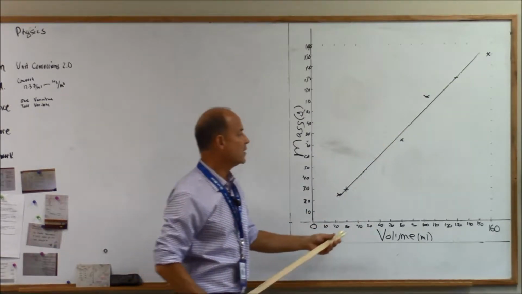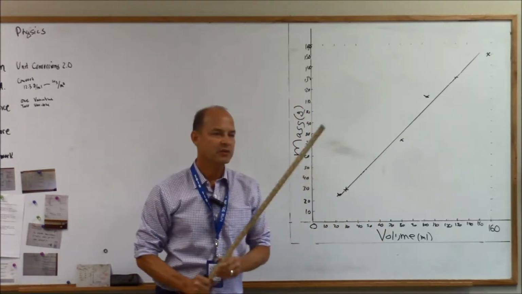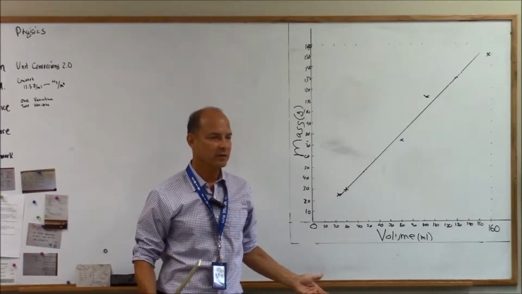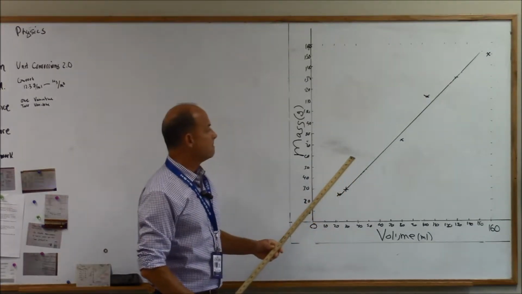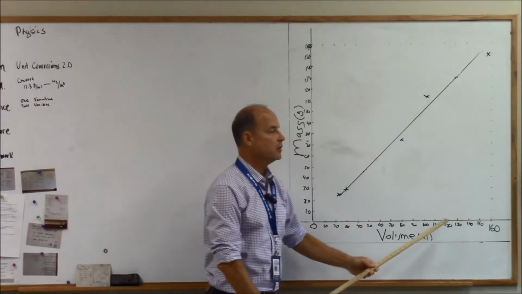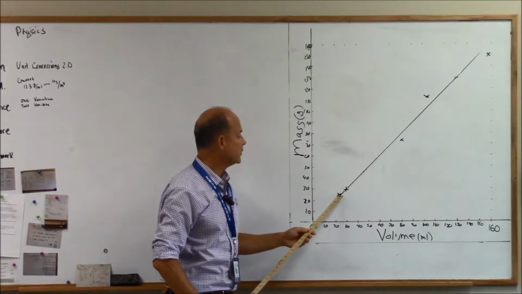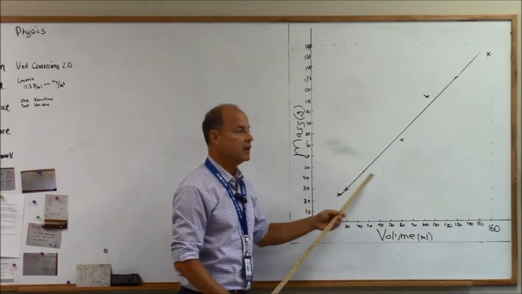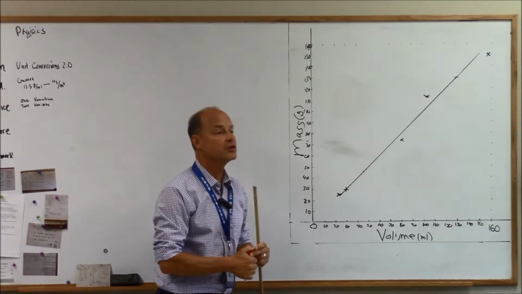So the next step is I want you to calculate the slope, and your math teacher may call it the ratio method. I just call it rise over run. So what I want you to do is look at the grid on your graph paper and try to find a point on the lower end of the line that goes right through an intersection of the grid points.